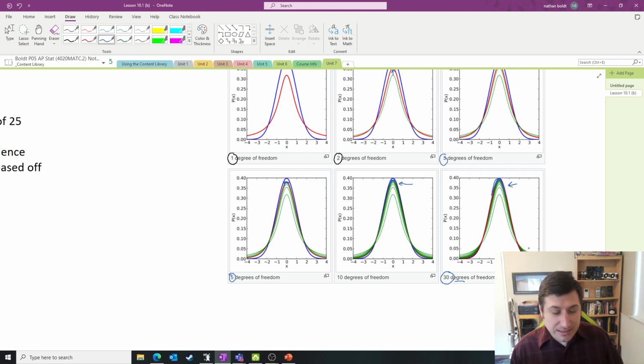Now, to make it easy, when do I use T, when do I use Z? Nah, we have calculators. We're just always going to use T. There's no reason to switch between a Z and a T. If it's a confidence interval for a mean, we're going to use T.